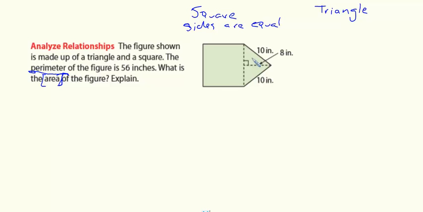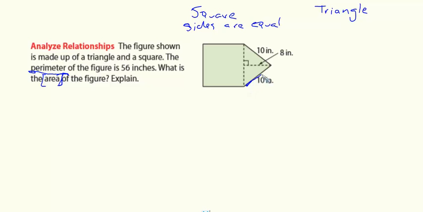I noticed that in my problem they did not give me any of the lengths of the sides of my square here. So I have to use the perimeter to figure out what the lengths of the sides are of my square. Okay, so let's go ahead and get to it.